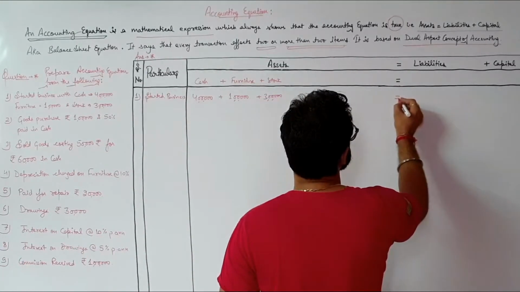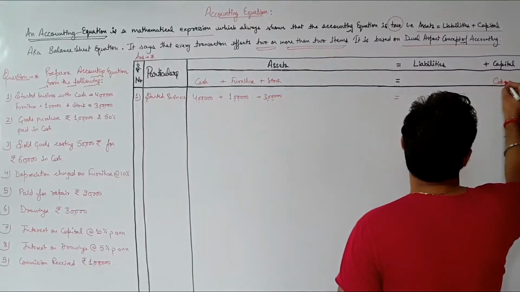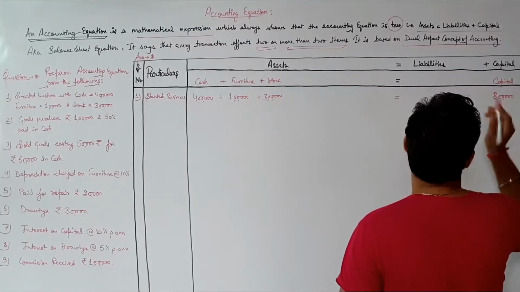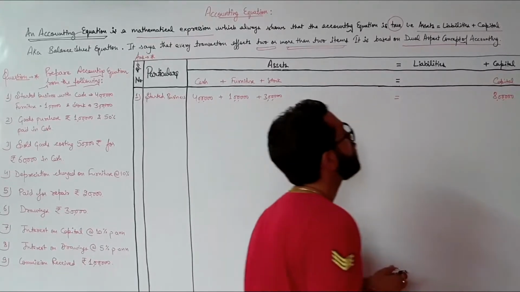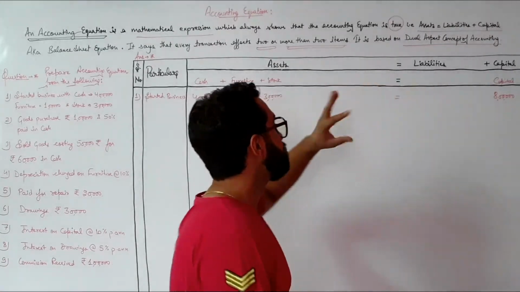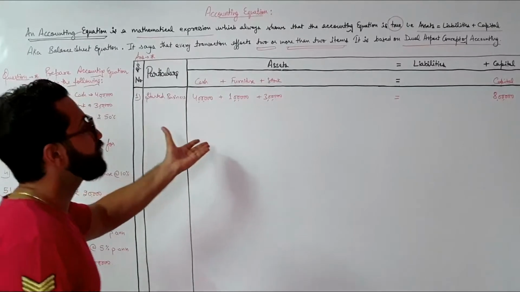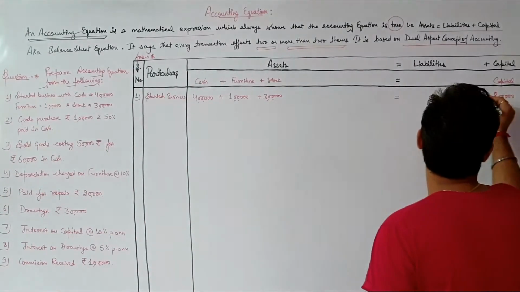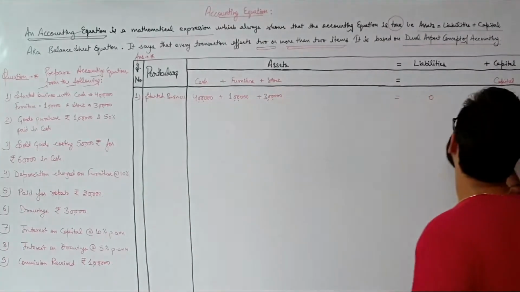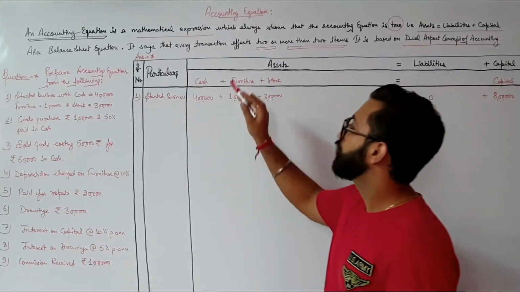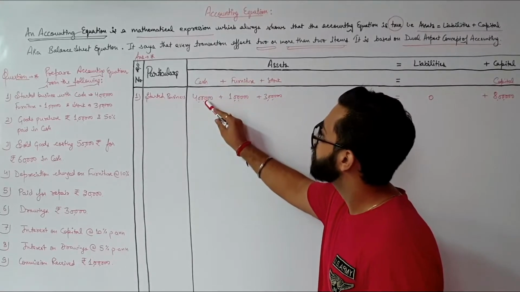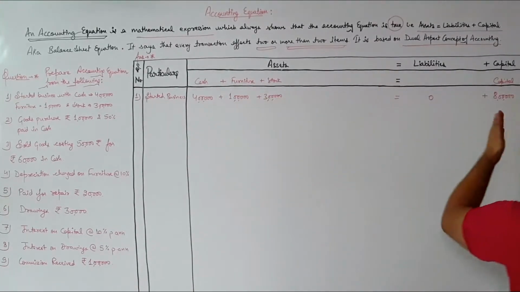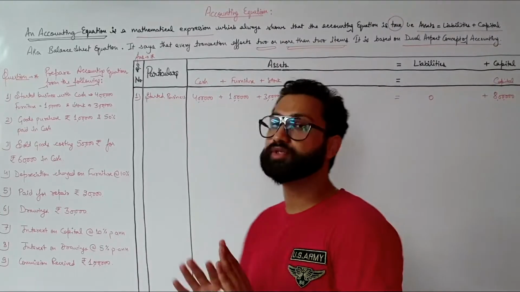Therefore, equal to sign and 8 lakh rupees. It simply means assets are always equal to liability plus capital. Now there is no liability but there is a capital. You all know that this is the case in which the owner has brought cash, furniture and stock. Therefore the sum will be called capital. Now first equation is balanced.